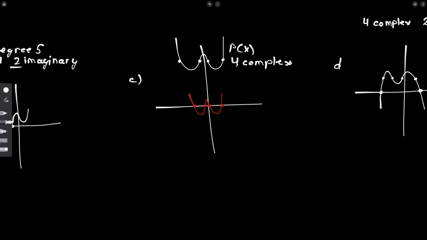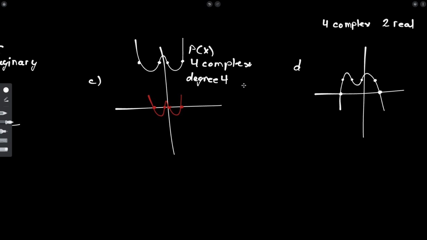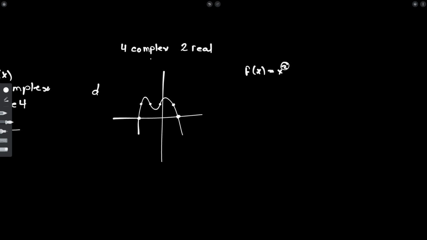For C, we have 4 complex solutions. There are 4 solutions to this, so it has a degree of 4, and it can't go any less than that. And finally, we have 4 complex and 2 real. That makes 6 solutions, so it has a degree of 6.